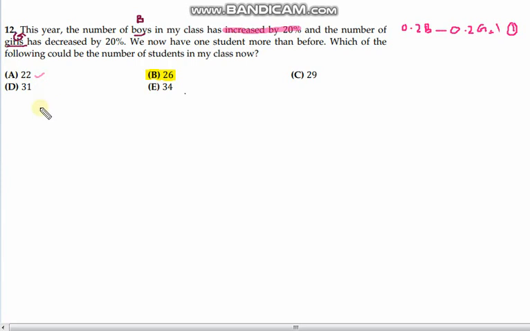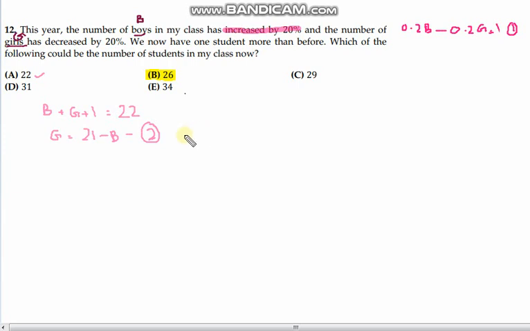If A was our correct answer, we would have the number of students in our new class is B plus G plus 1 equals 22. Now if we simplify this, we have the number of girls, that is G, equals 22 minus 1 is 21 minus B. This would be equation number 2.